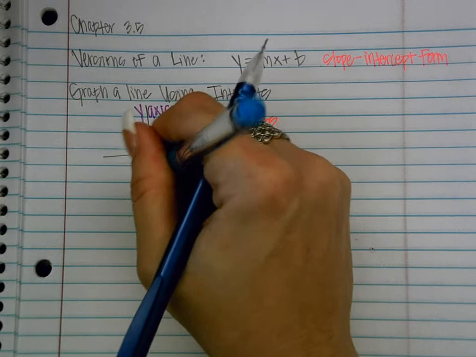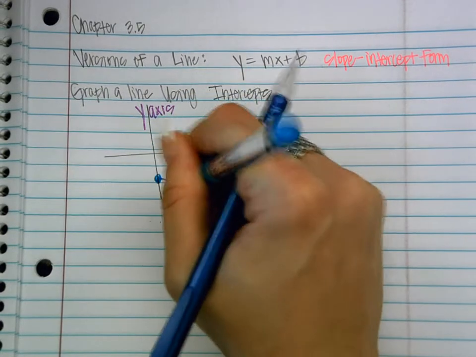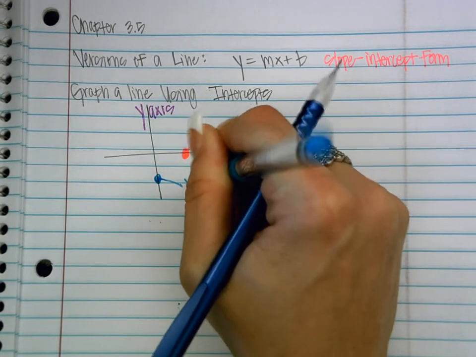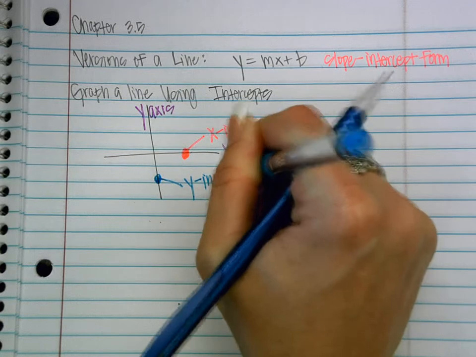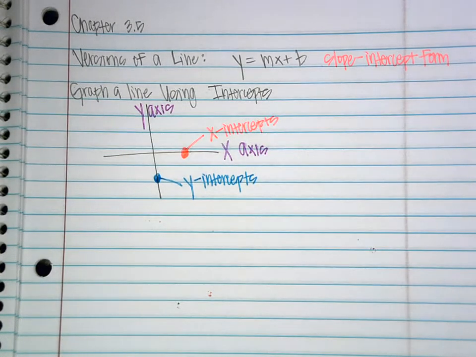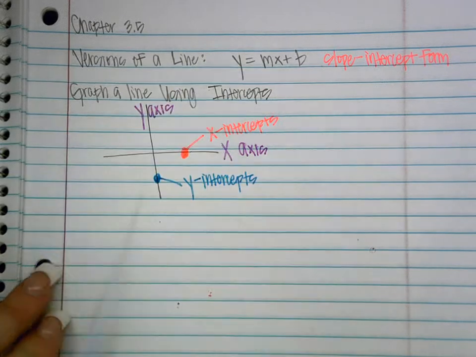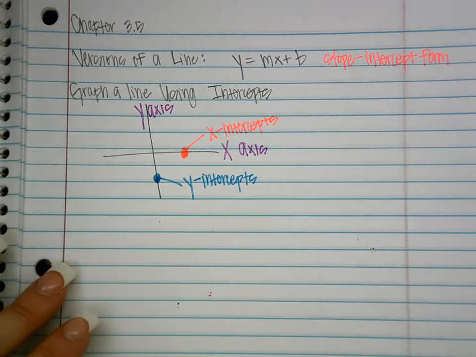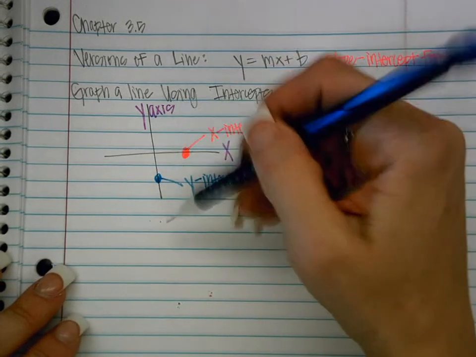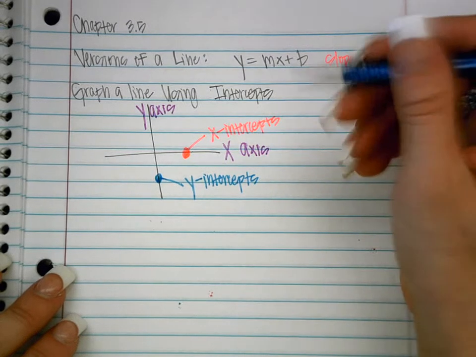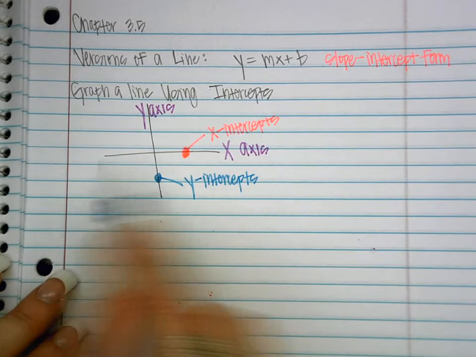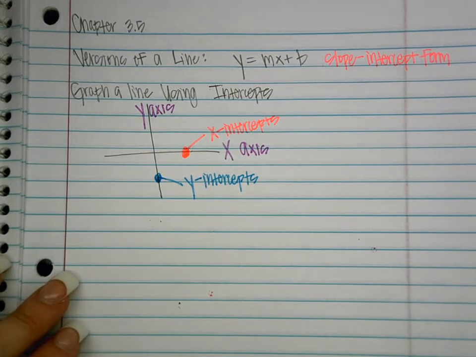A y-intercept, exactly. So x-intercepts and y-intercepts. It could cross the y on the negative part or on the positive part, it does not matter. But wherever a line crosses the y-axis is called its y-intercept, and wherever a line crosses the x-axis is called its x-intercept.